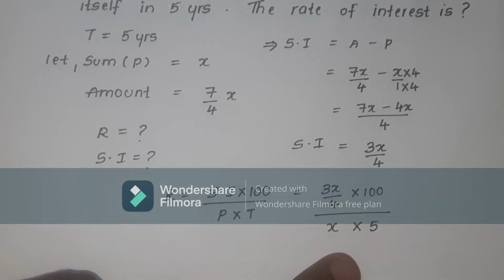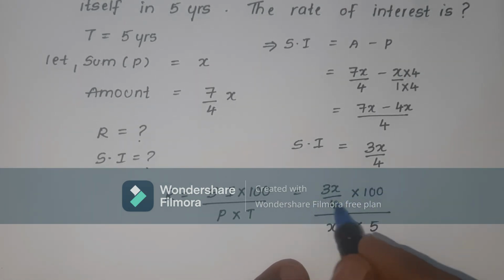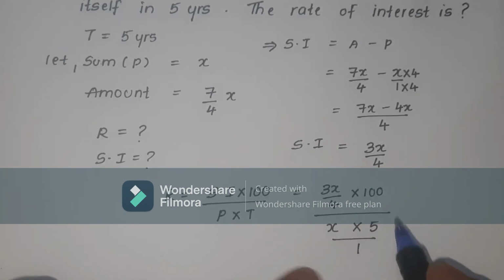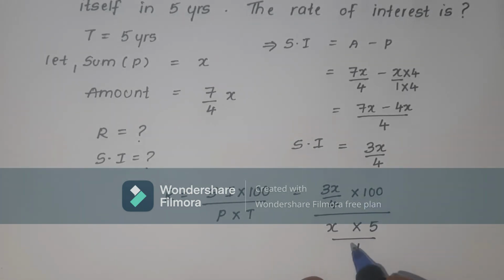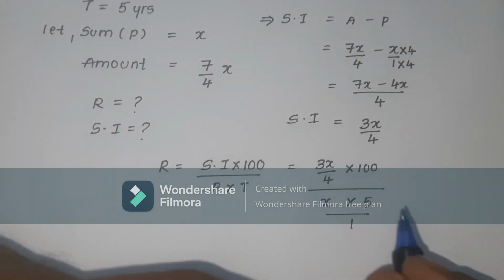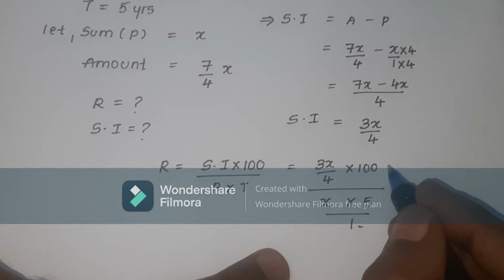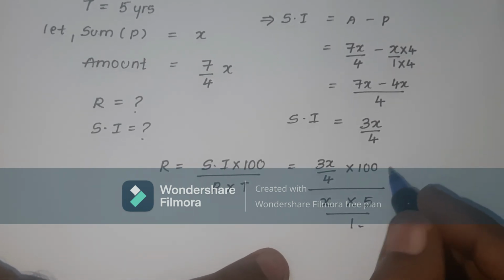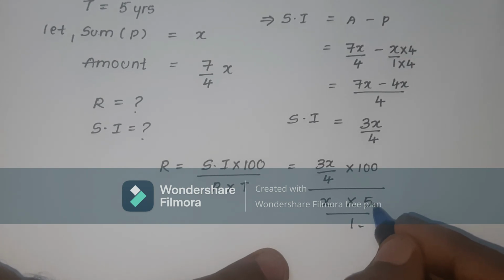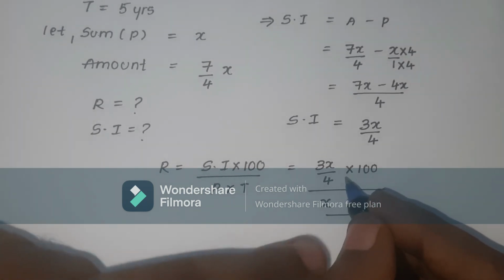Okay, if you see, student, the numerator is a fraction. Let us make the denominator also a fraction. So now we can say the first fraction is divided by the second fraction. And what is the rule when we have two fractions? The denominator of the second fraction is multiplied with the numerator of the first fraction, and the numerator of the second fraction is multiplied with the denominator of the first fraction.